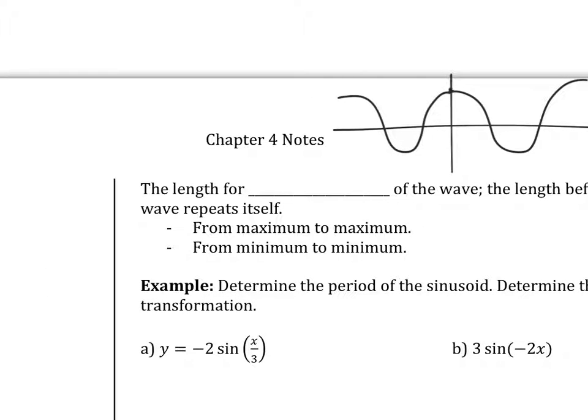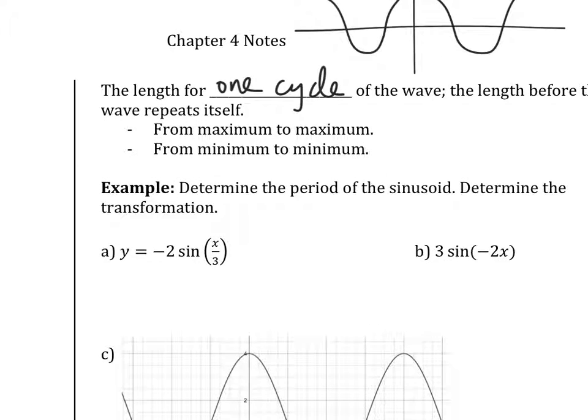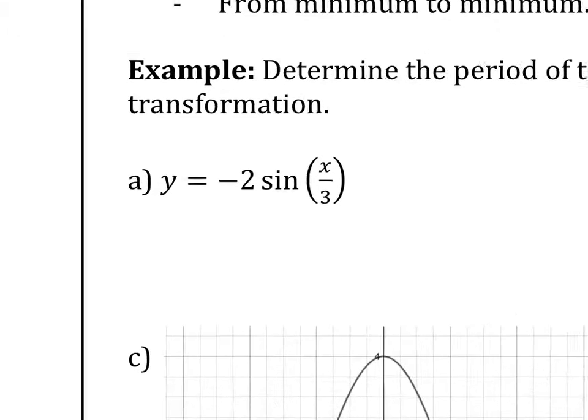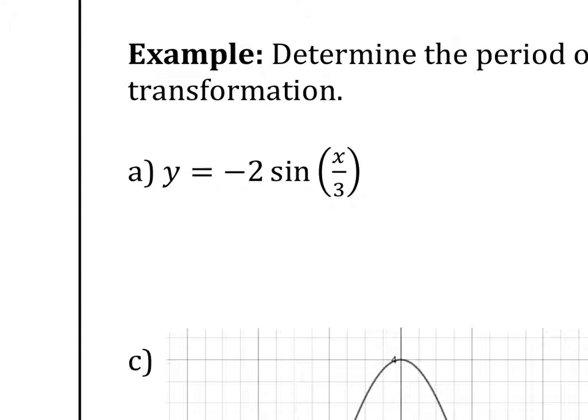Period means the length for one cycle of the wave. So for the graph to complete itself once, we're trying to figure out how long that is. What you usually do is you look from the maximum to maximum or minimum to minimum. Or from the equation, here's what you do. You look at B. A is for amplitude, B is for period.